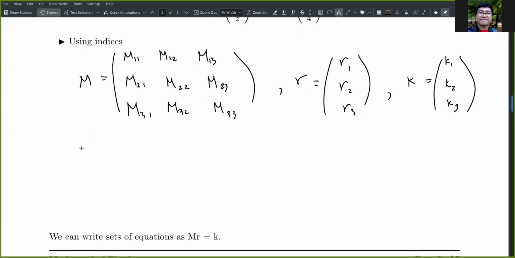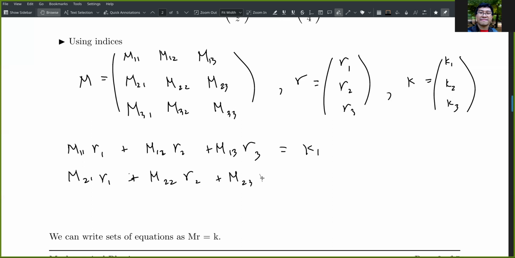So our set of linear equations can be written as M11 R1 plus M12 R2 plus M13 R3 equals K1, M21 R1 plus M22 R2 plus M23 R3 equals K2, and M31 R1 plus M32 R2 plus M33 R3 equals K3.